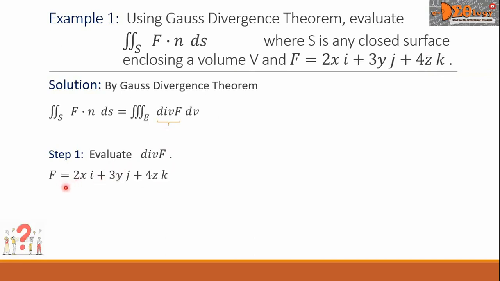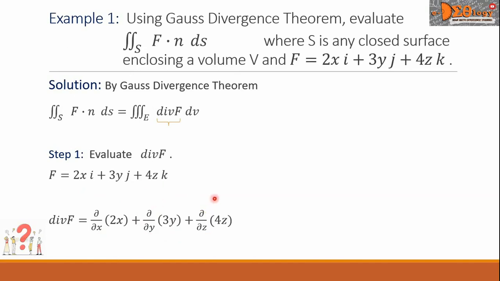The vector F is given as 2xi plus 3yj plus 4zk. So divergence of F is the partial derivative of 2x with respect to x plus the partial derivative of 3y with respect to y plus the partial derivative of 4z with respect to z.